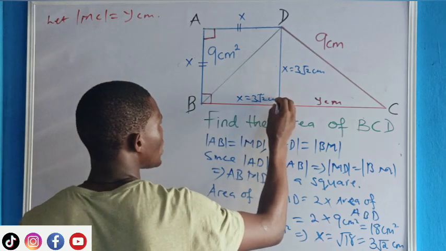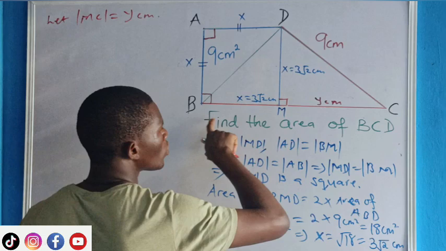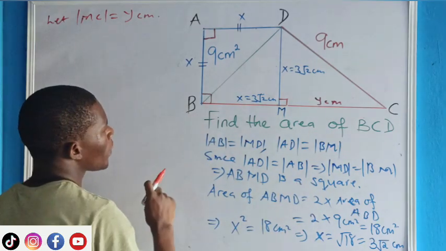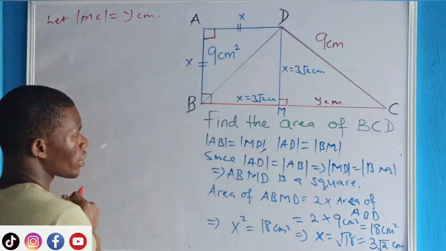When we consider this place, this is also a right angle, right? So DM is perpendicular to BC. Now let's consider triangle CDM, which is a right-angled triangle.